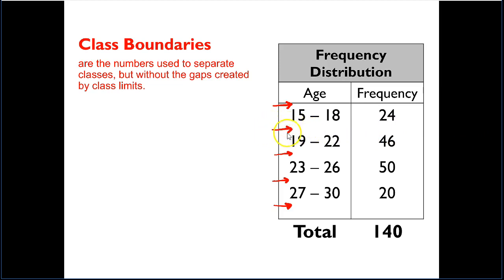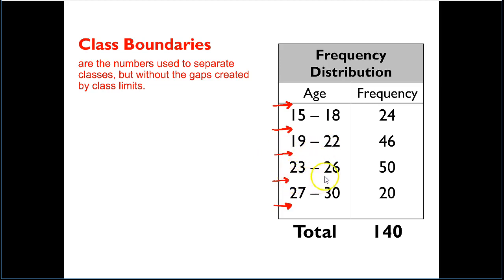So in this case, let's look at the second one. The boundary that separates the first class and the second class is a number in between 18 and 19. So the number that is in between the upper class limit of the first class and the lower class limit of the second class. Between 18 and 19, we have 18.5. This class boundary is between 22 and 23, and that would be 22.5.